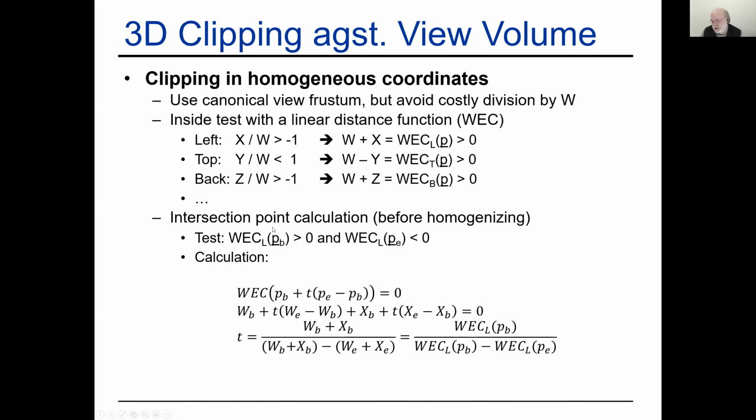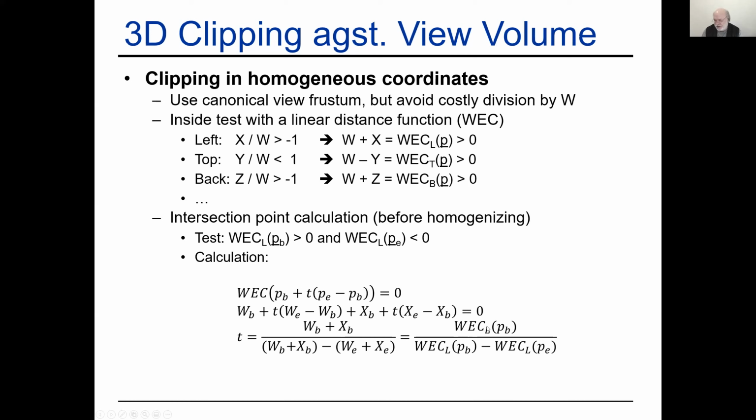So with these computations, we can do exactly the same algorithms that use window edge coordinates as we've discussed before, except that our window edge coordinates are defined slightly differently now. But the same approach still holds.